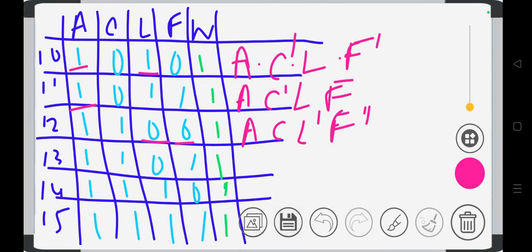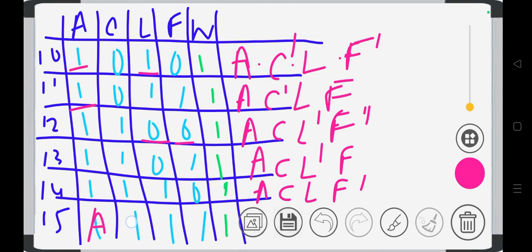Next comes A and C both are 1, so A C, then L complement, then F. This one A C L F complement, and the last one, all are 1, so that means A C L and F, because all have default value as 1. I hope I could explain it, guys, and this is how we form the minterms truth table.